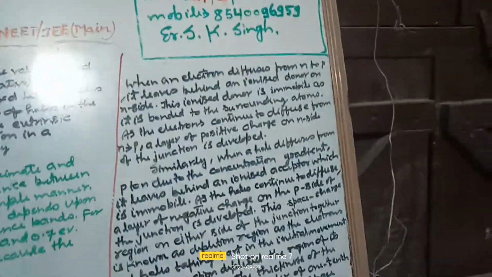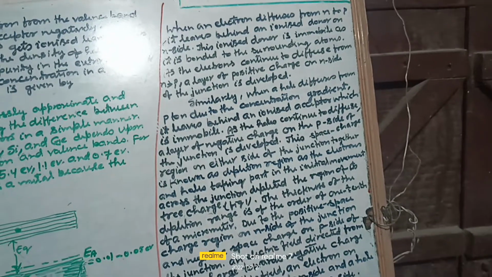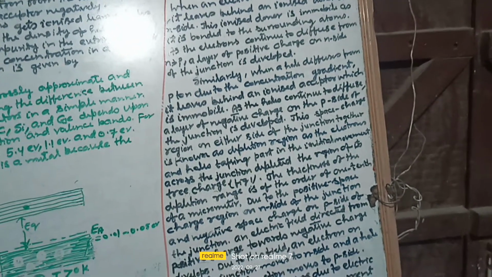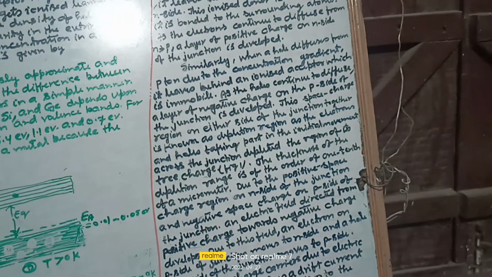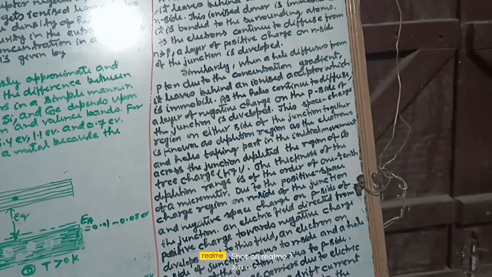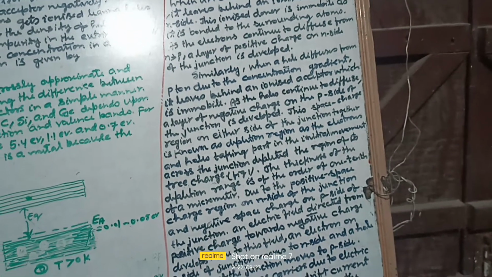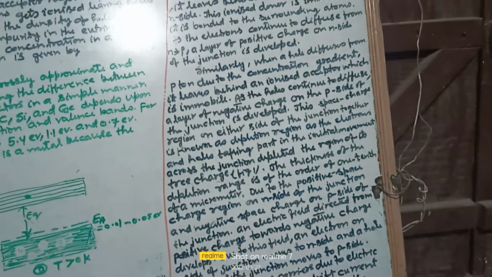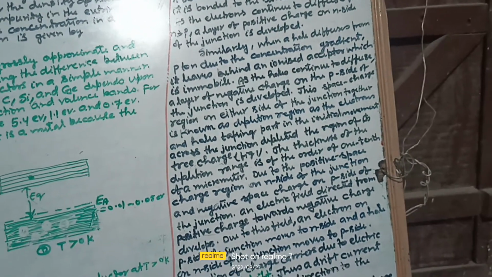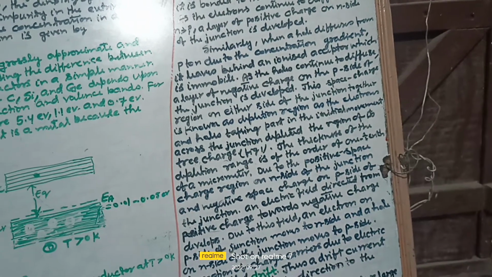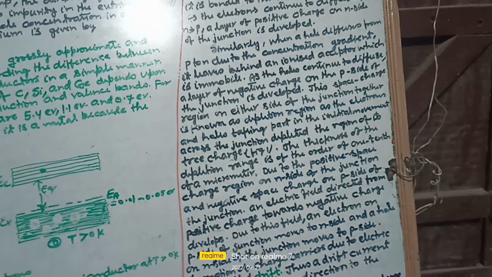Now, when an electron diffuses from N to P, it leaves behind an ionized donor on the N side. This ionized donor is immobile as it is bonded to the surrounding atoms. As the electrons continue to diffuse from N to P, a layer of positive charge on the N side of the junction is developed. Similarly, when a hole diffuses from P to N due to the concentration gradient, it leaves behind an ionized acceptor, which is immobile.